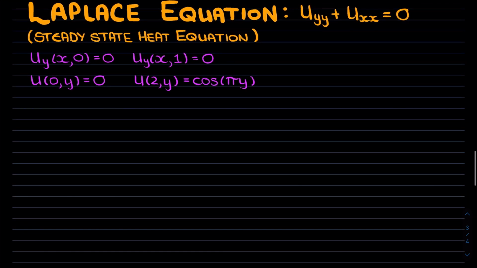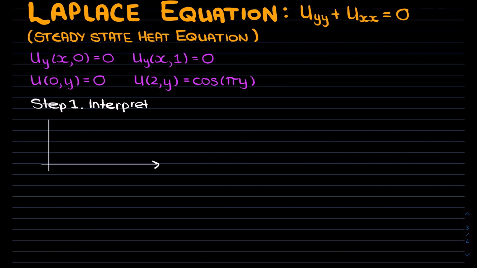So the first thing we always want to do is to interpret what the question is asking. In the Laplace equation, we actually have four boundary conditions and we don't have any time variables here.